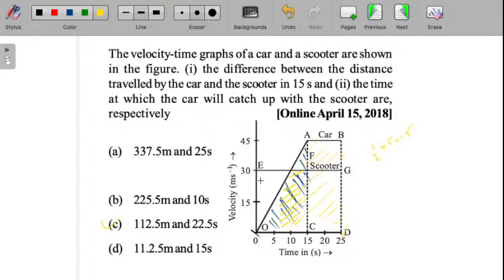So we've got to compute the total area of this and the total area of this, and we can see that the area would be matching, 22.5. Let's hope so.